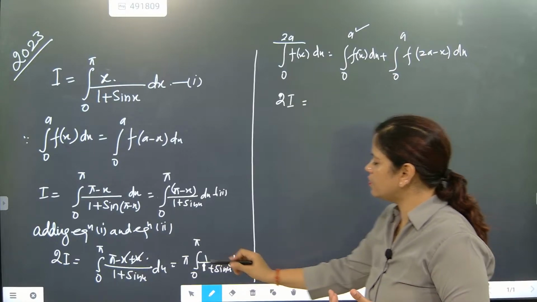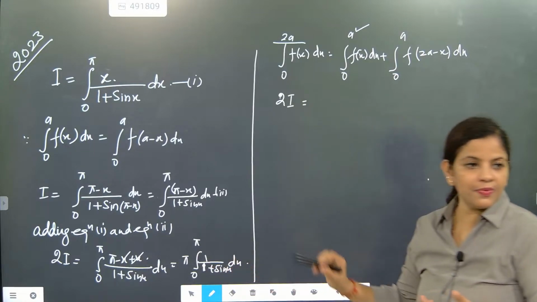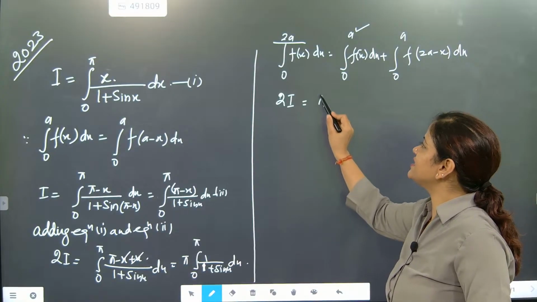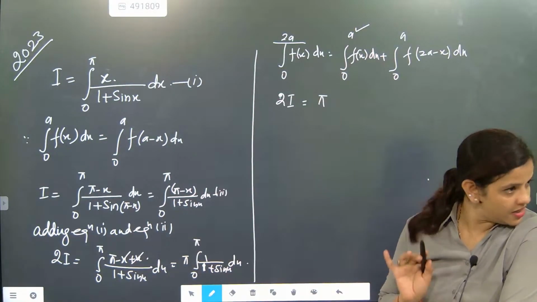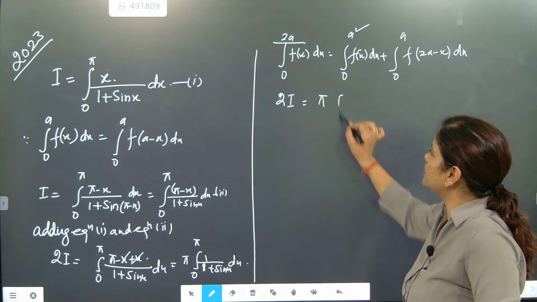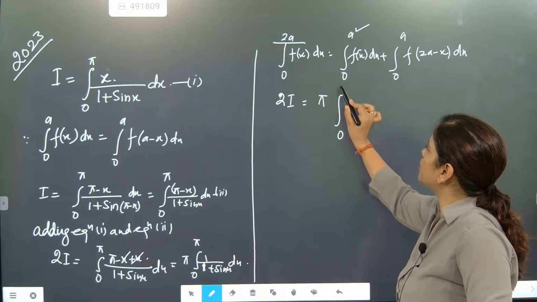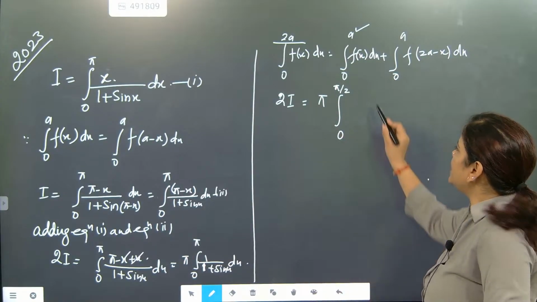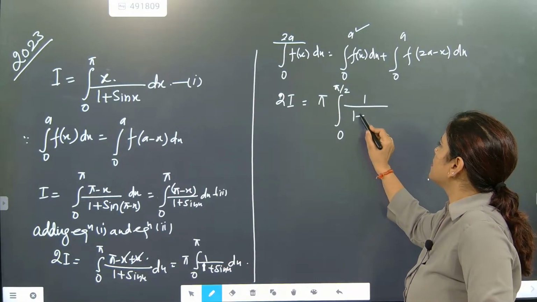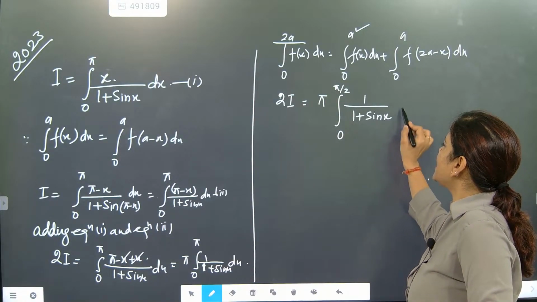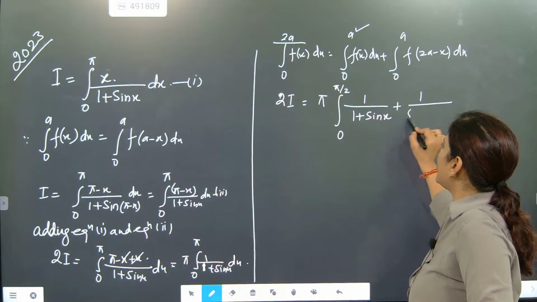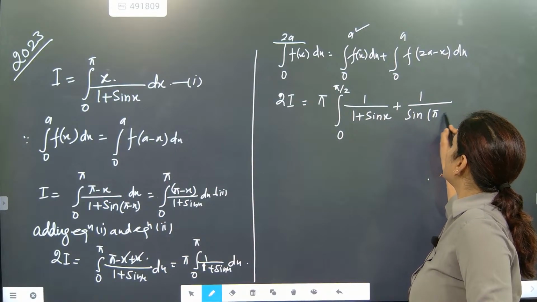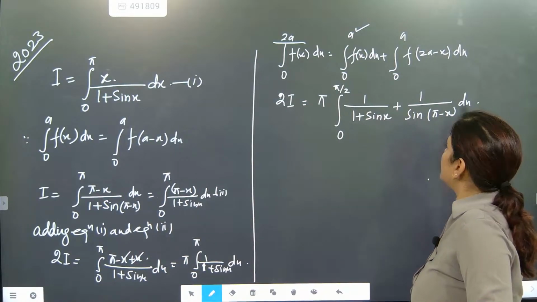Now 2I is equal to this, and a limit change will be coming. Pi will be as it is. Look very carefully at this one. This part will become the integral from 0 to pi by 2. Got it? One time f of x is 1 by (1 plus sine x), plus 1 by (1 plus sine of (pi minus x)) dx.